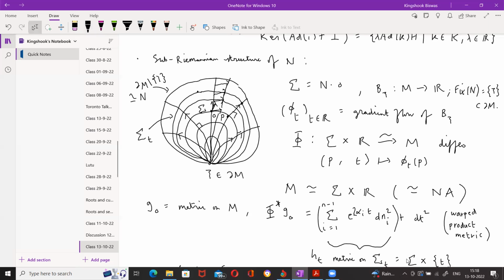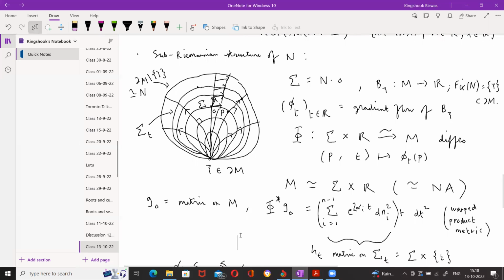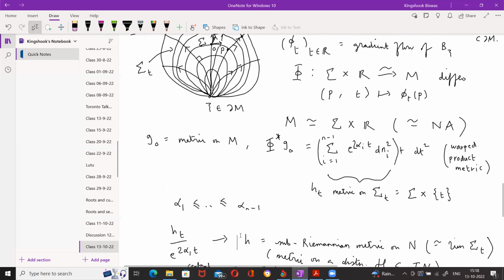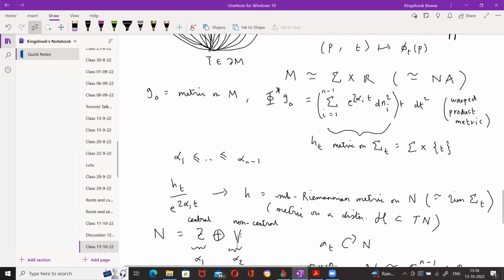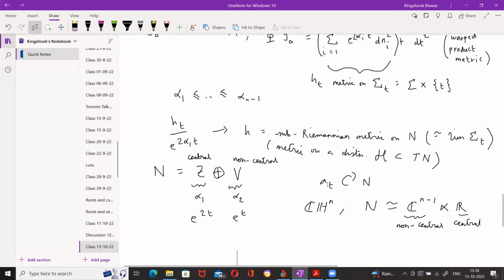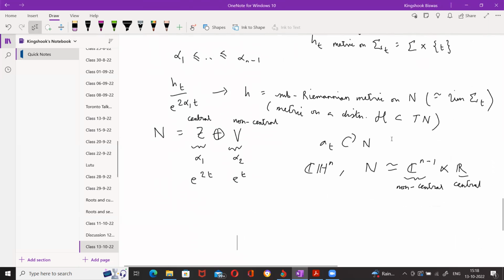The roots are basically the eigenvalues of AT acting on N. You have your anisotropic dilation. e to the roots are just the eigenvalues of AT acting on N, the growth rate of the horospheres in different directions. Those are the roots.